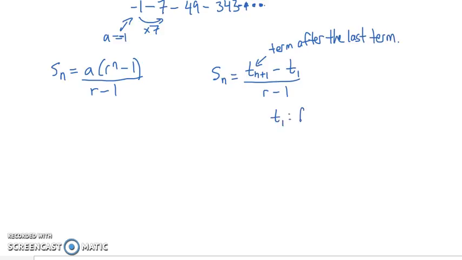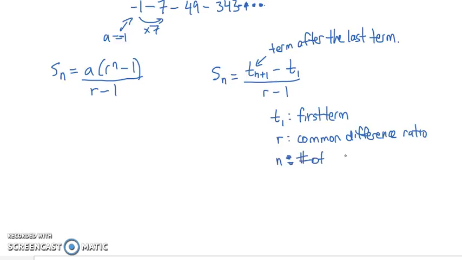T1 is the first term, and r is the common ratio. And then, of course, n is going to be equal to the number of terms in the sequence. And Sn represents the sum.